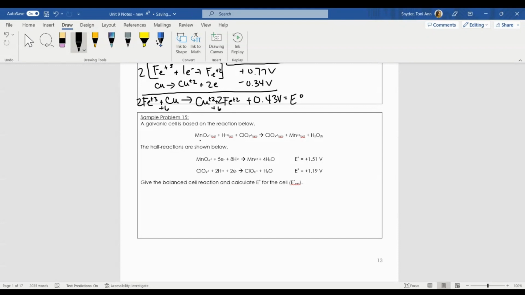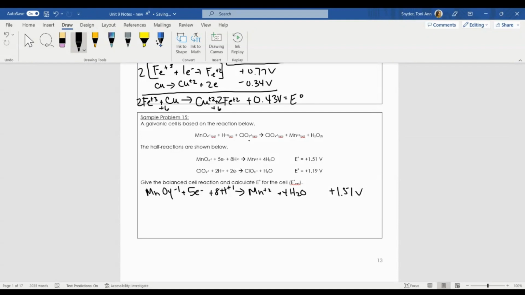So I have permanganate as a reactant here. So I'm going to leave that first reaction: MnO4 -1 plus 5 electrons plus 8 protons yields manganese ions and 4 waters. I didn't switch that reaction, so I'm going to keep the voltage positive there. Looks like I do have to switch this second reaction.